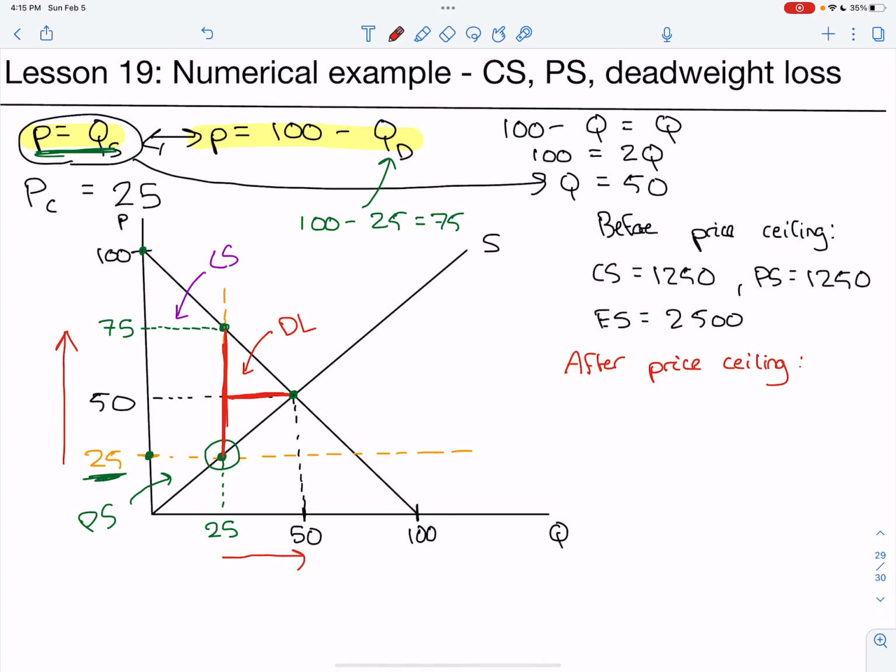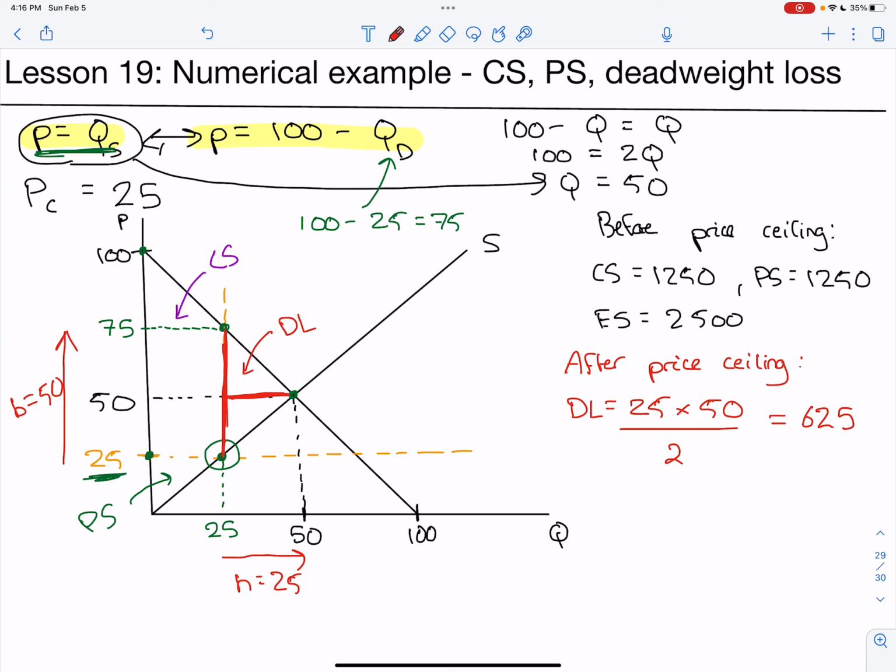Well, it's just 25 to 50, so it's just 25, right? So our height here is equal to 25, and our base is equal to 50. So deadweight loss is 25 times 50 divided by 2, which is 625. So deadweight loss is 625.